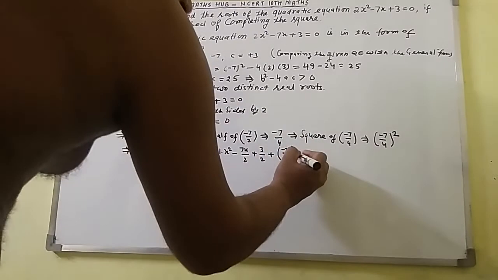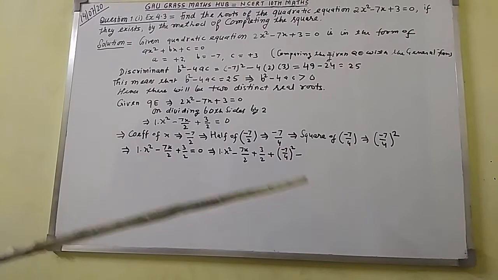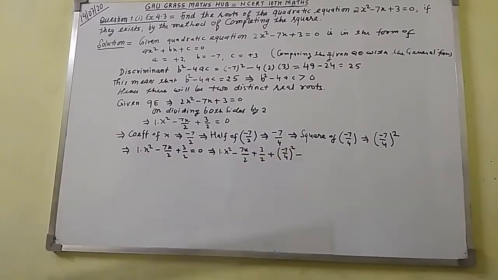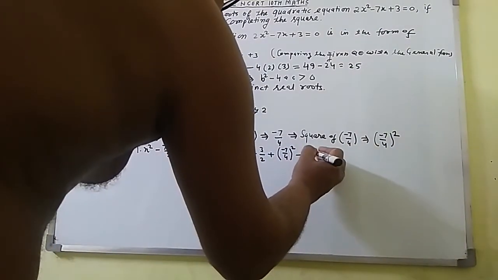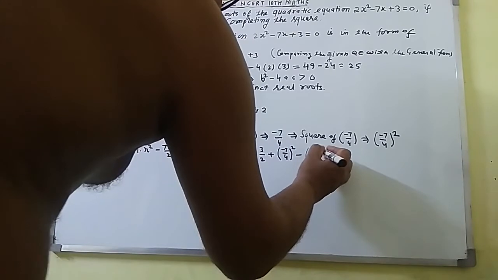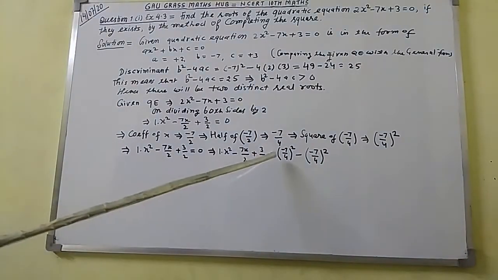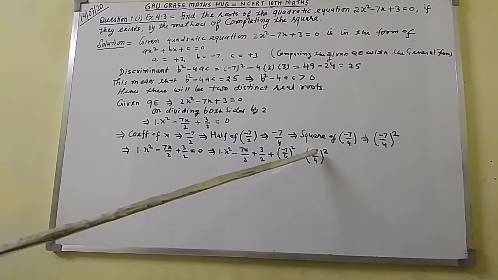So here I have added plus, in bracket, minus 7 over 4 whole square. The same value will be subtracted. So here I shall write minus, in bracket, minus 7 over 4 whole square.